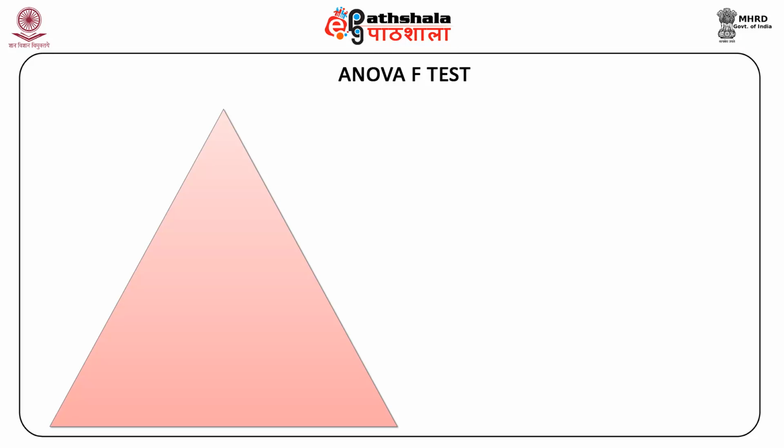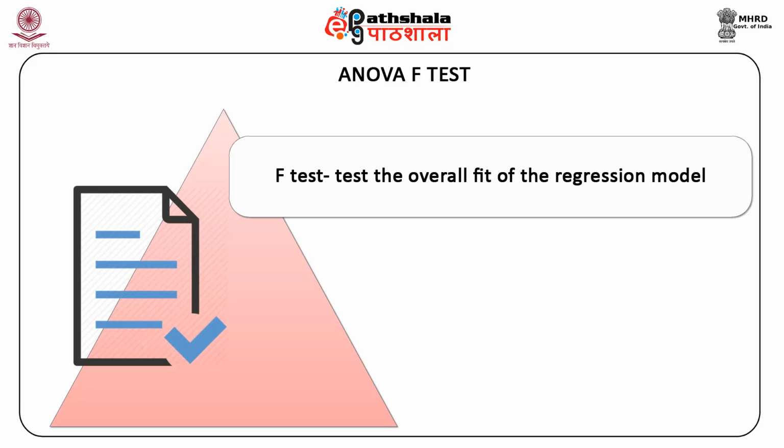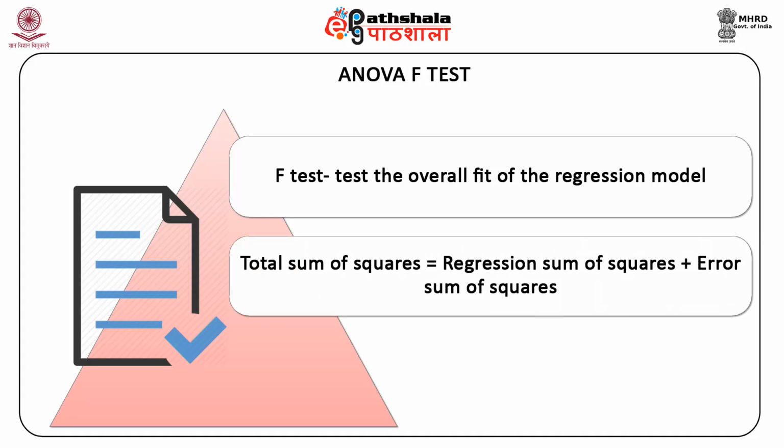Now look at the ANOVA F test. The F test is used to test the overall fit of the regression model. It is based on the analysis of the sum of squares. As stated earlier, the total sum of squares is equal to regression sum of squares plus error sum of squares. Total variation is the variation in the dependent variable values about its mean, which is equal to the sum of explained variation and unexplained variation.